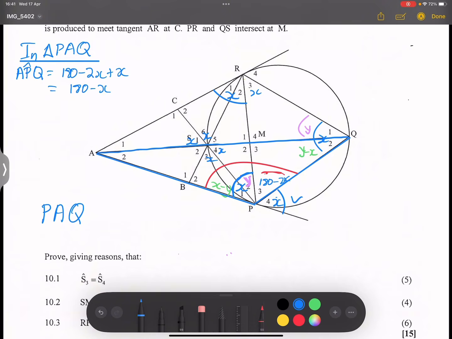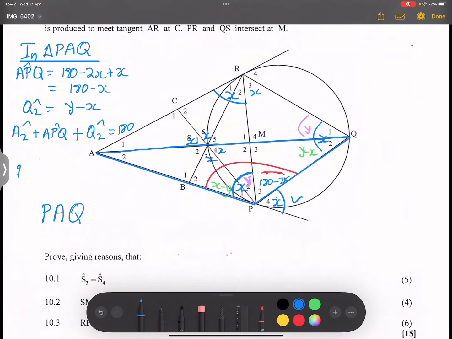So APQ is 180 minus x, and then angle Q2, we just found out that this is equal to y minus x, because we made Q1 y, because it was equal to P2. Now, in that triangle, angle A2 plus angle APQ plus angle Q2 are equal to 180.